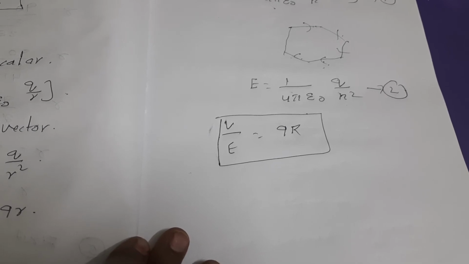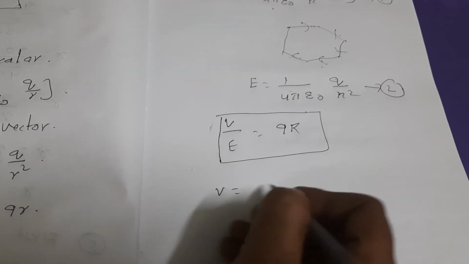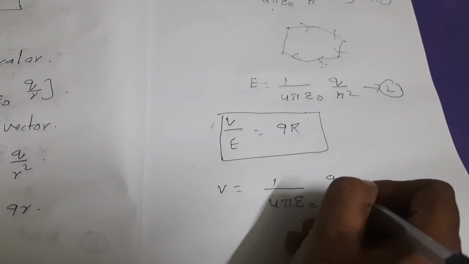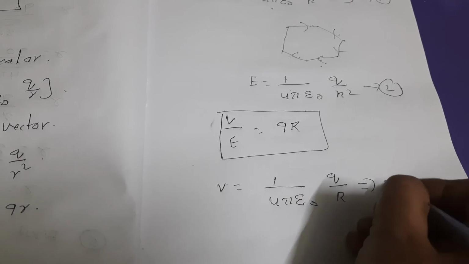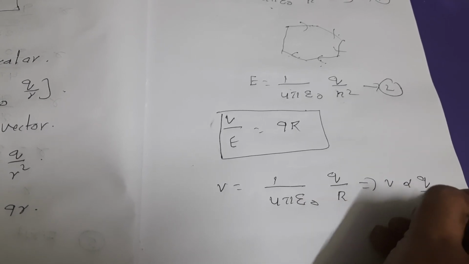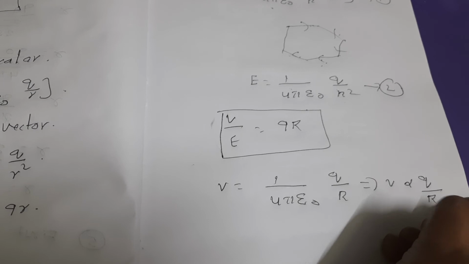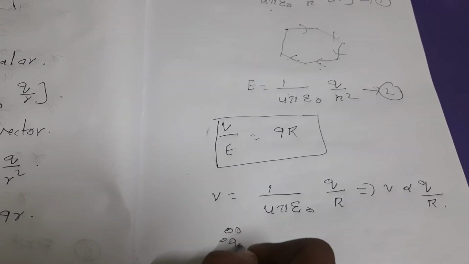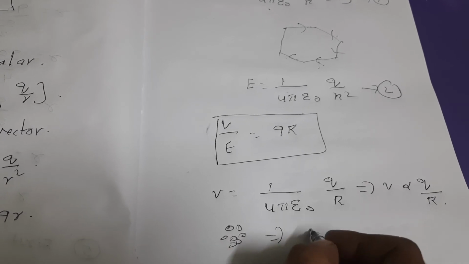But here in the case of potential, you know that V equals 1 by 4 pi epsilon naught Q by R. So potential is directly proportional to Q and inversely proportional to R. Whenever n small drops are combined, what happens?